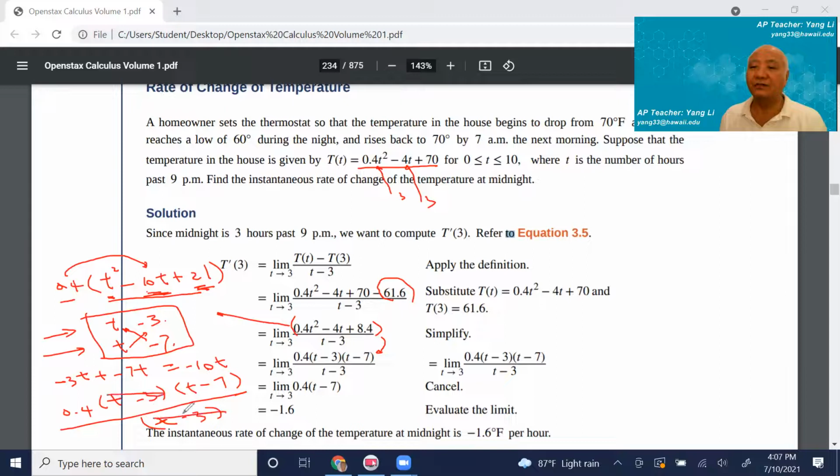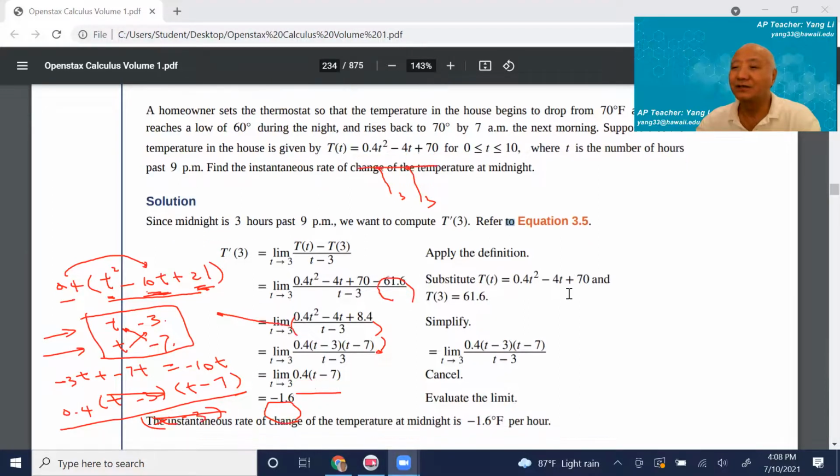So you can cancel these two. So you will have this now. And then plug in 3 inside here. 3 minus 7 is negative 4. Negative 4 times this one is negative 1.6. Right? And you see here, many algebra skills, especially the factoring skills, are used a lot for several questions.